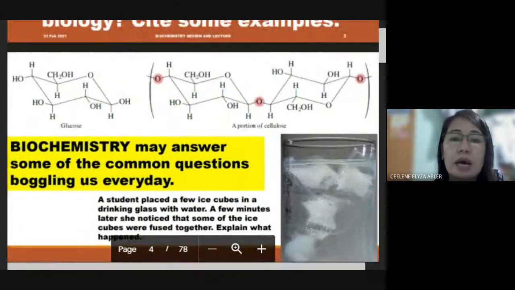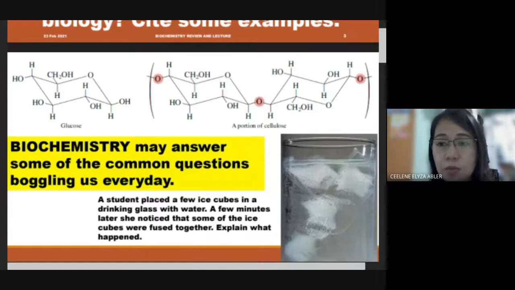Most of our lesson for this one is centered on our biomolecules. We have your biomolecules such as your carbohydrates, proteins, lipids, and nucleic acids. In this portion you will also understand why water is very important for living organisms: it is what we call the universal solvent.